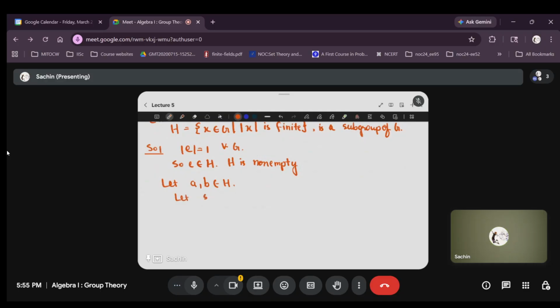Let's say the order of A is M and the order of B is N, for some natural numbers M, N. We have to show AB has finite order.